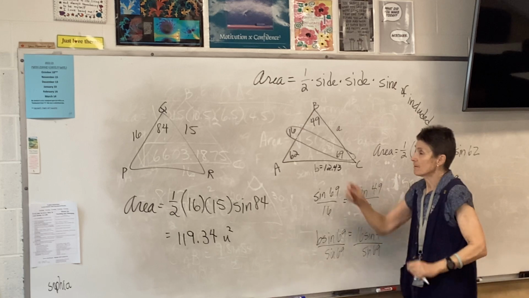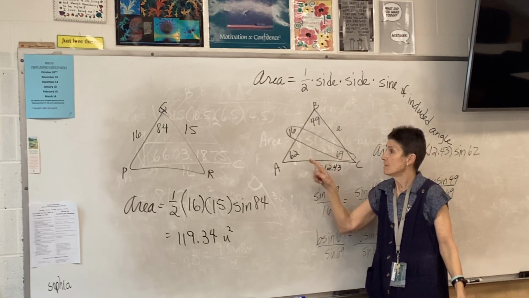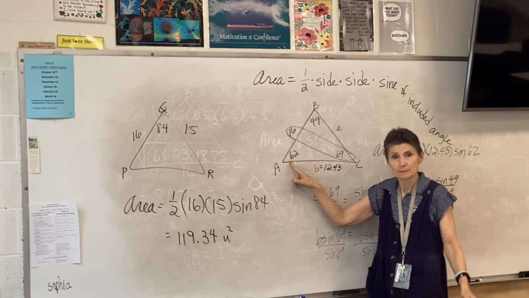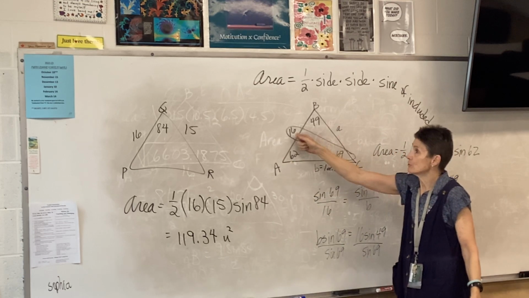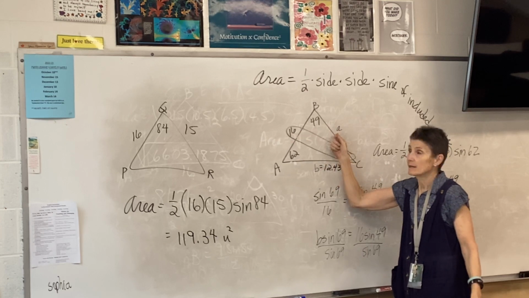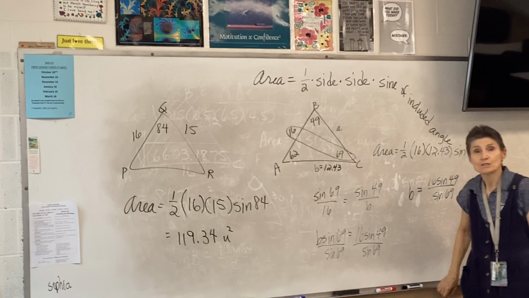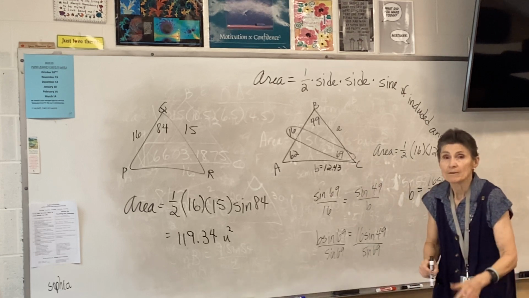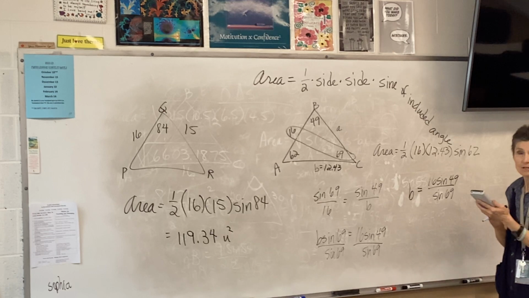Now guys, if you're using this side and this side, then that is your angle. If you found side A and you're using these two sides, then that is your angle. You must always use the angle that's in between the sides that you are multiplying.